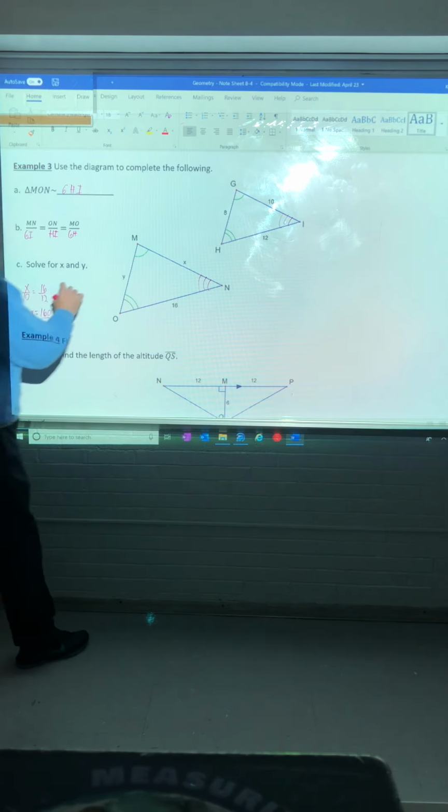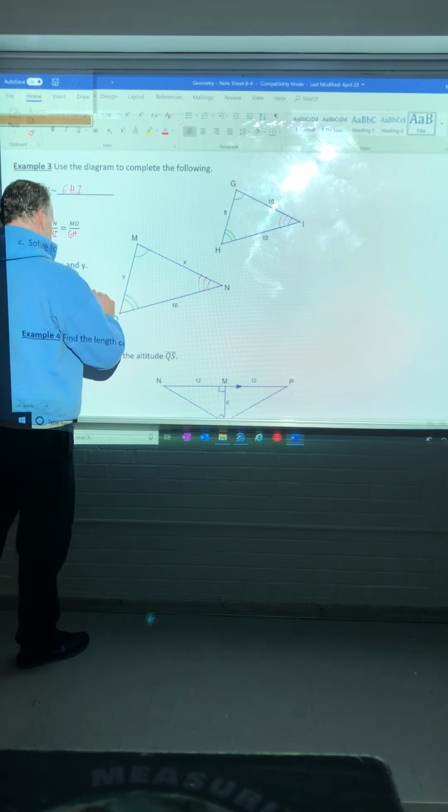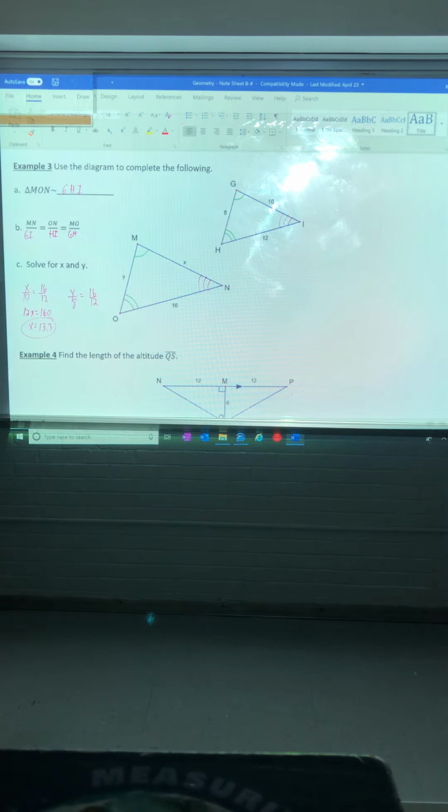They're the two that you know. And if you wanted to, you could also reduce this down to 4 over 3, because 4 goes into 12 3 times, 4 goes into 16 4 times. You have some lower numbers to work with, but these numbers aren't too terribly high.